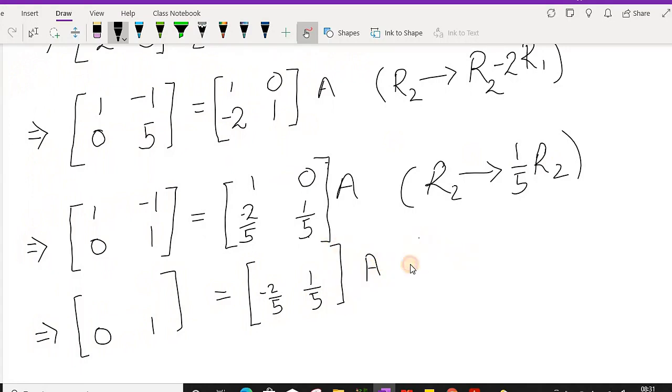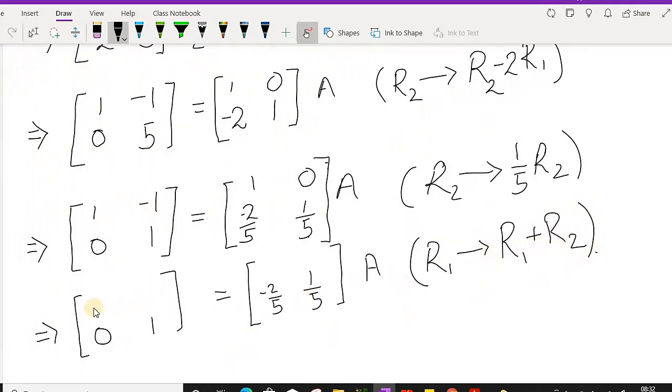Now I have changed row 2. Similarly here, first write R1, R1 changes to R1. Then there is a minus 1, so I have to add plus 1, meaning I have to add 1 times R2. That's it.